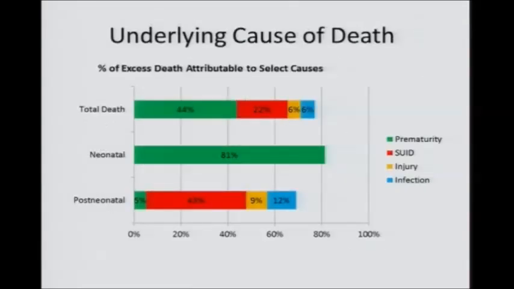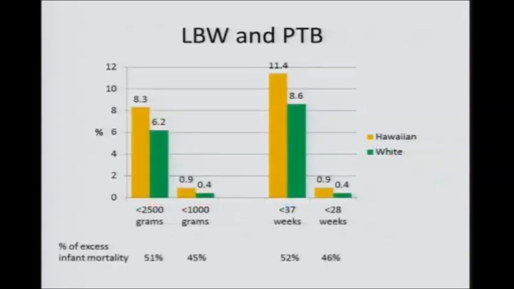So this just shows the excess death attributable to select causes, and it really is prematurity and SUID that were kind of the leading causes of that disparity. And then this is Kitagawa, and it's showing that the excess infant mortality was really due to those extreme premature, extreme low birth weight infants.